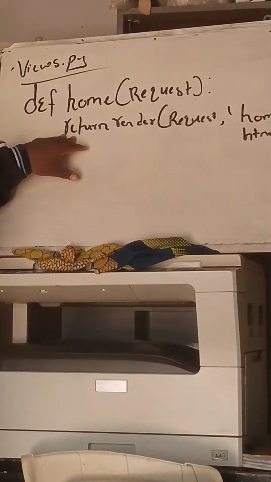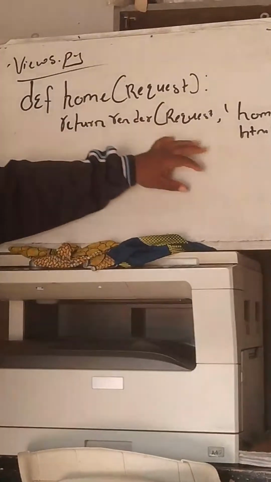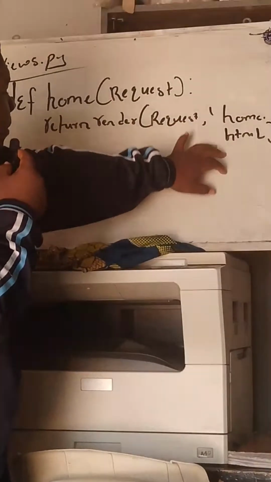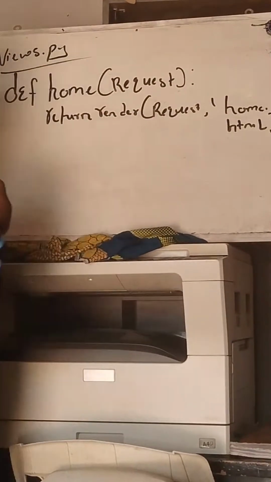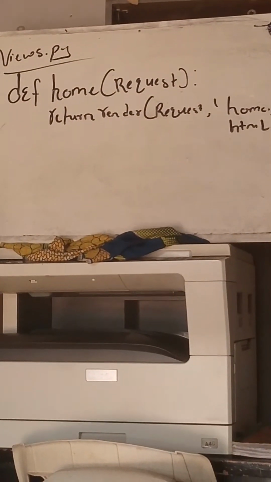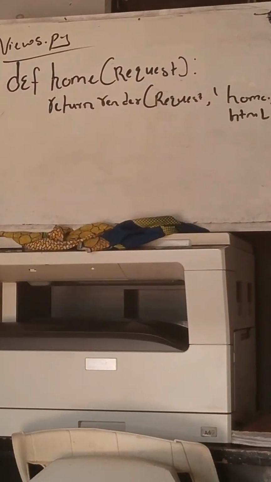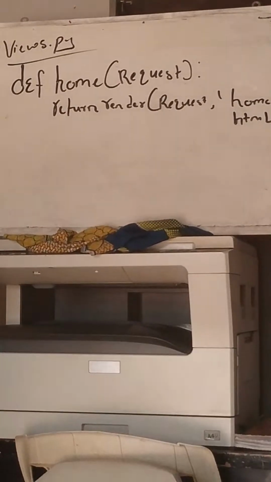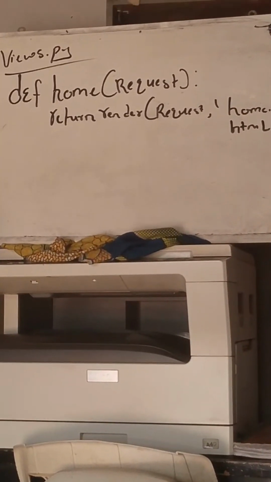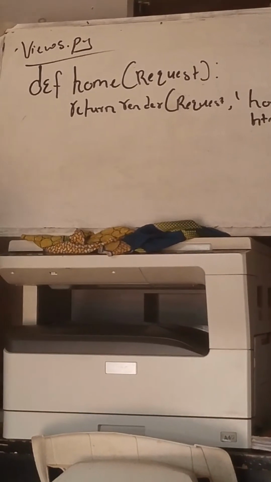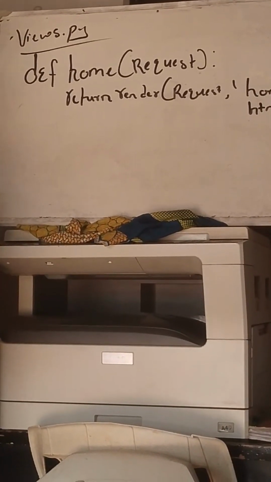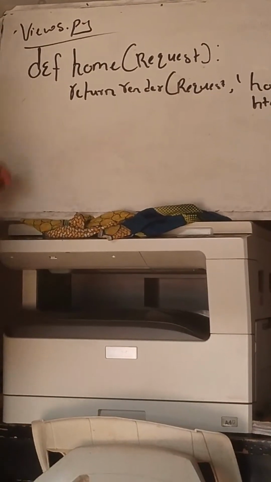So when we request, this return render request home.html is the name of my HTML page, and we are now requesting. I will not lie, I don't know how to put it into words. I'm trying to remember how to put it.